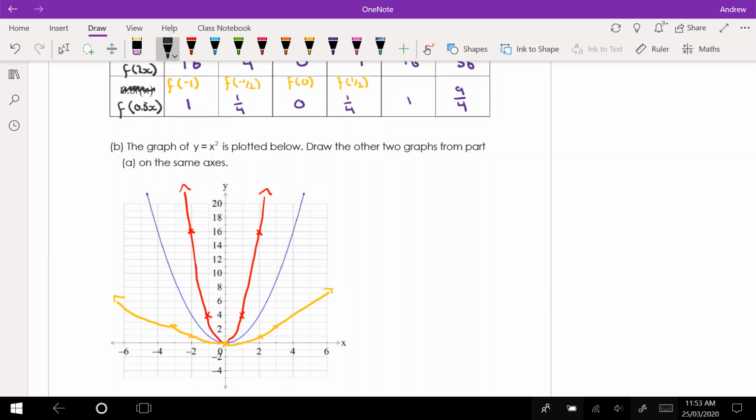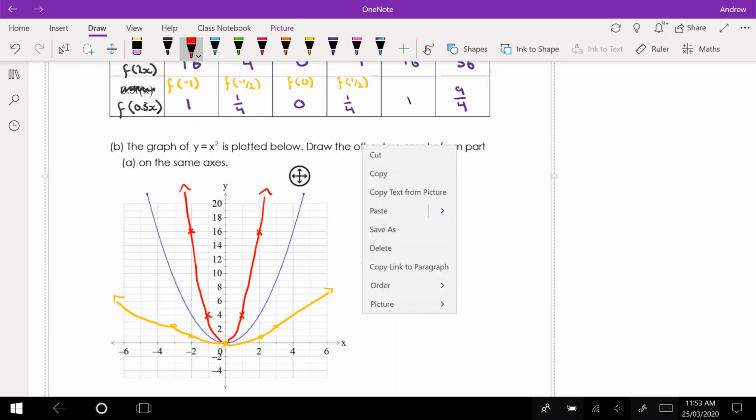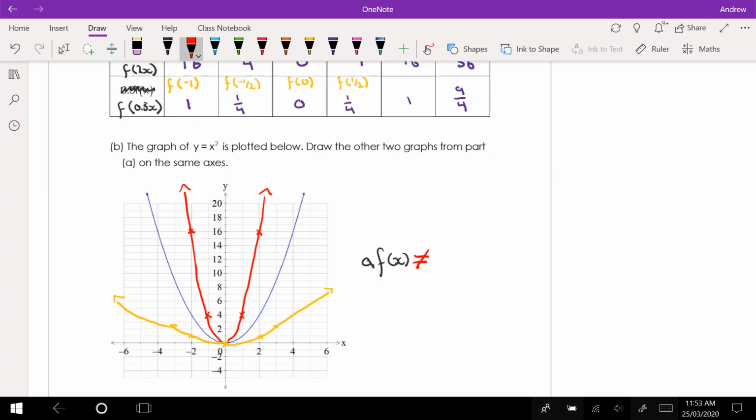It's important to remember that a of f of x does not equal f of bx. These two transformations are not the same. One changes the value of y, one changes the value of x. Our a dilates parallel to y.